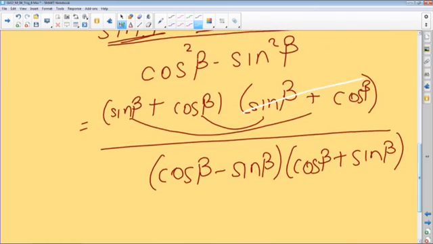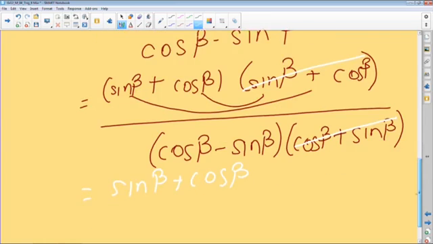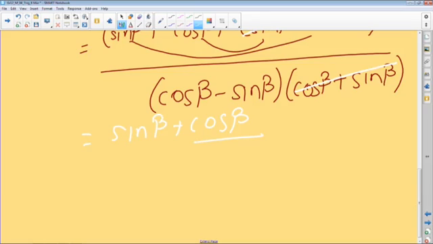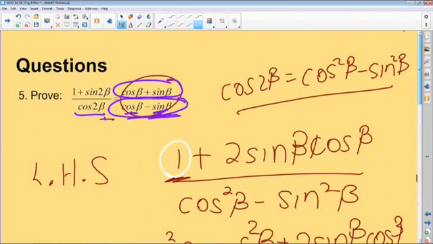You can cancel those common factors. They divide out to give you 1. So overall, you're just left with sine beta plus cos beta over cos beta minus sine beta. And that, importantly, is equal to the right-hand side. So you have managed to prove your identity.